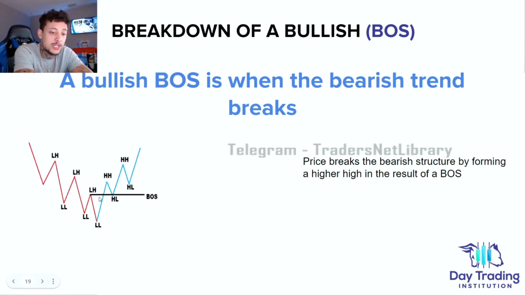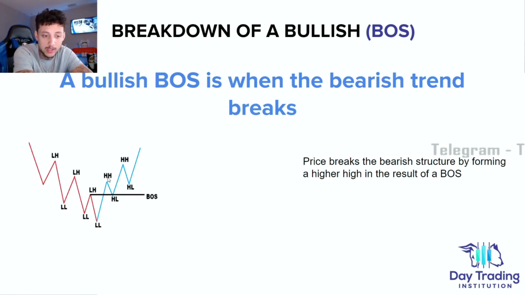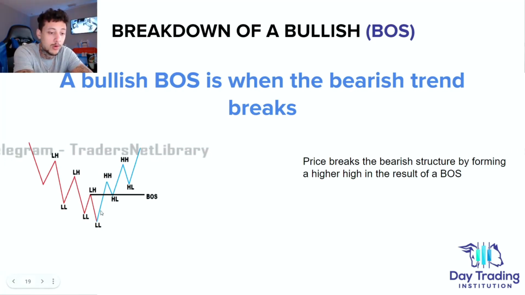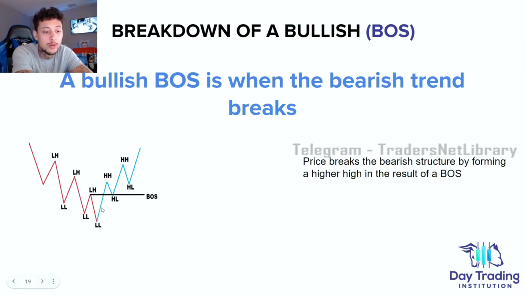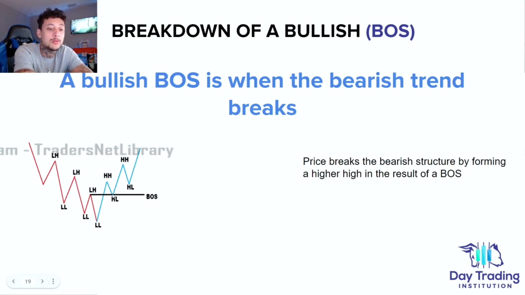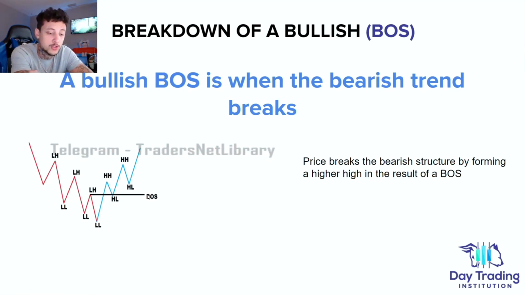Now, what changed here is price went from a lower low to a higher high. All that simply means is that price broke the previous lower high. So when price broke the previous lower high here and actually made a higher high, that is going to be considered a break of structure.